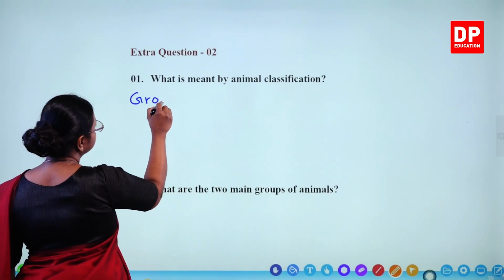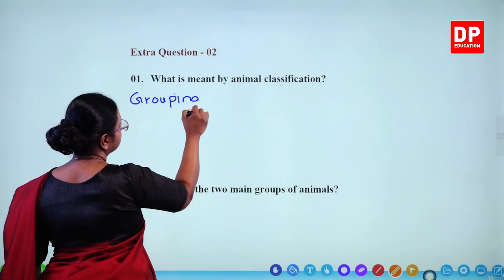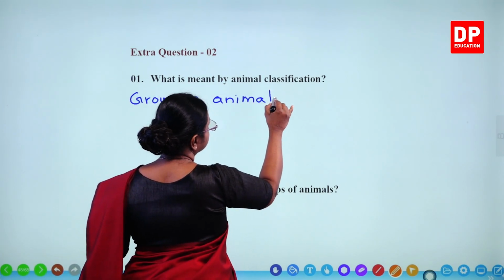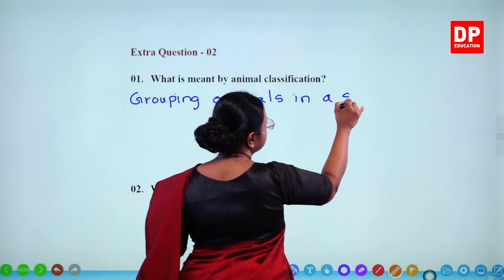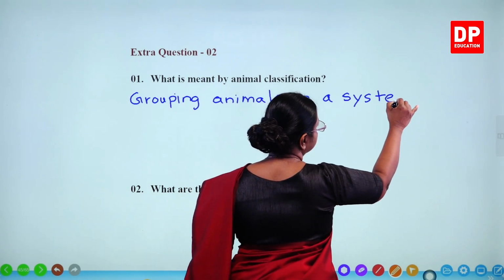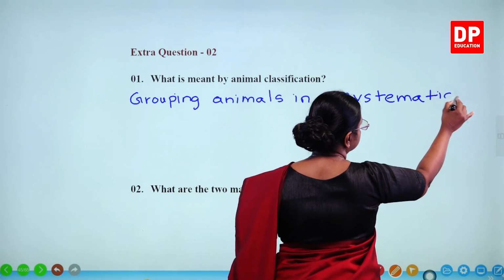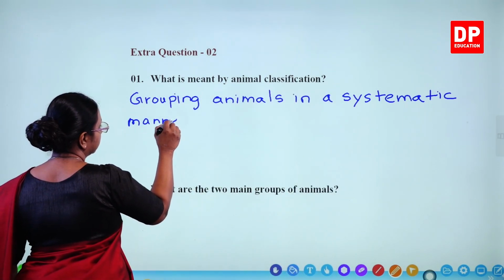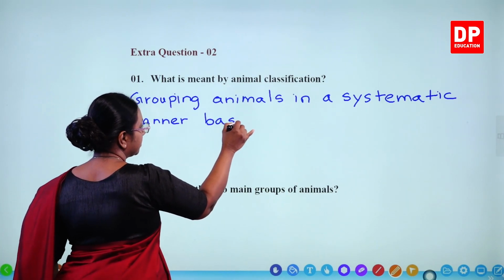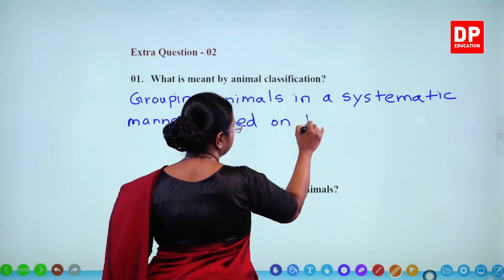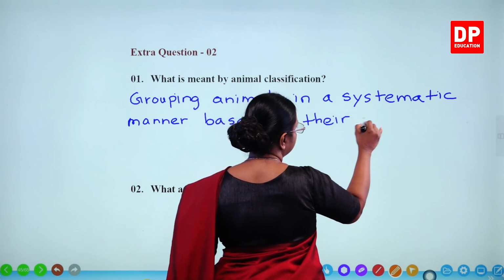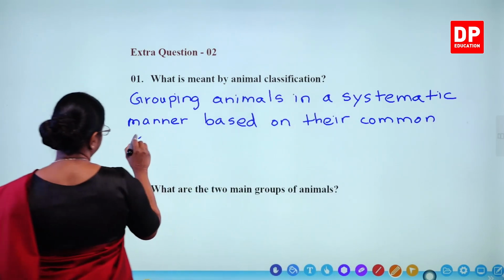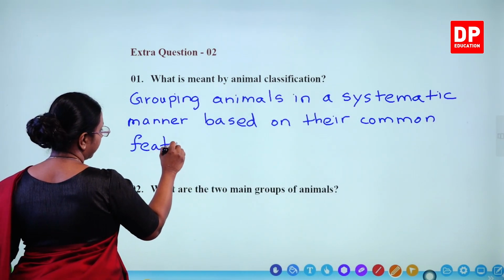Grouping animals in a systematic manner based on their common features, or you can say characteristics.